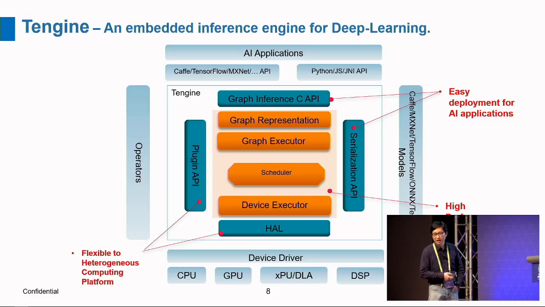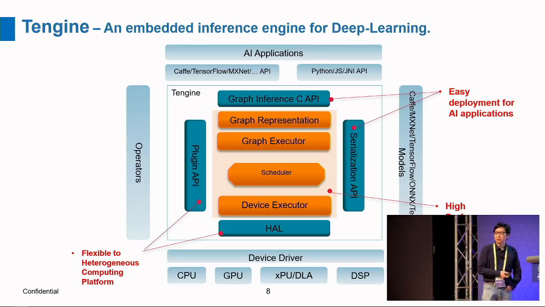T-Engine is our own framework. This framework just supports inference. In the middle block, you can see T-Engine has a graph presentation, graph executor, scheduler, device executor, which is the general block for any deep learning framework.